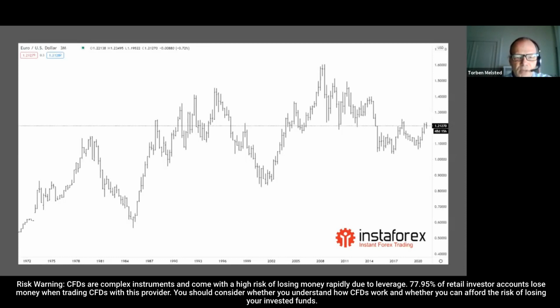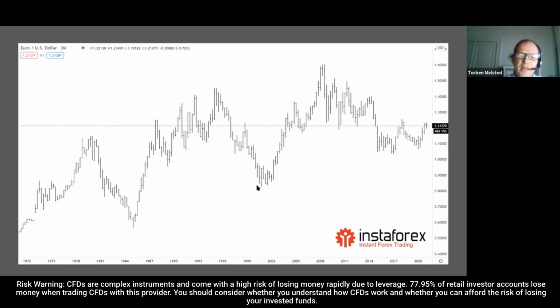Okay, let's move on. First of all, when you are going to find support and resistance, I personally always start with the longest possible chart that I have, and try to identify what the trend is and where the major points are.